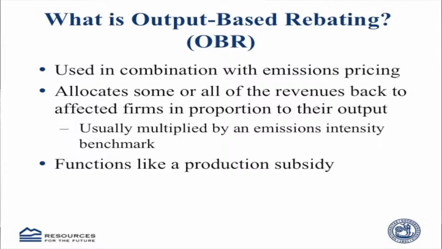So the more you produce, the more you get. This is usually implemented using an emissions intensity benchmark. We think on average, firms in this sector would have a given emissions intensity, and we allocate back that way.